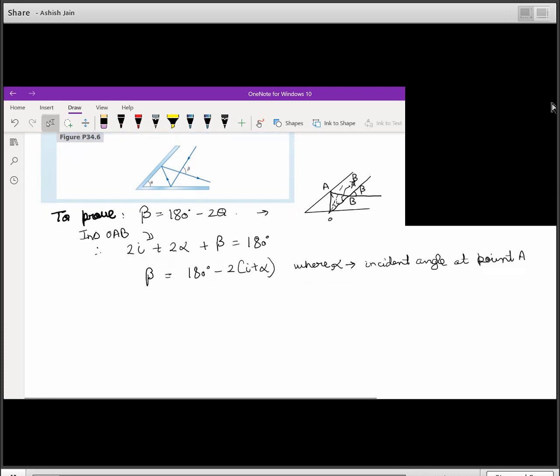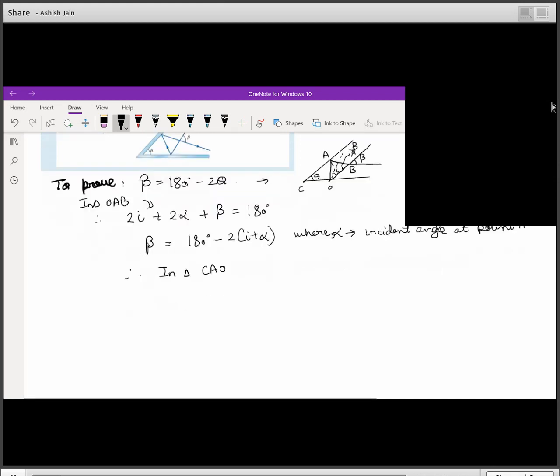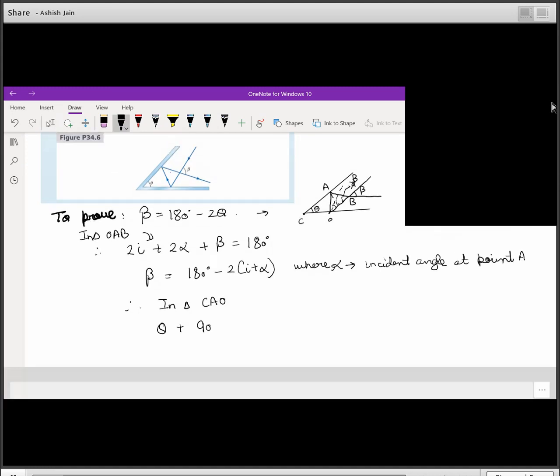Now call this point C, and this is theta. In triangle CAO, theta plus 90 degrees... so this is actually like this.